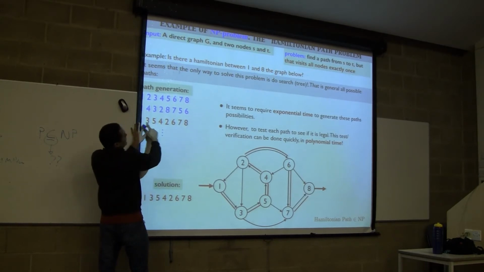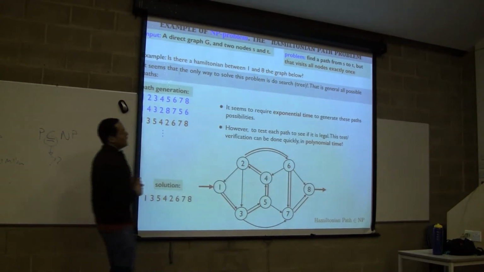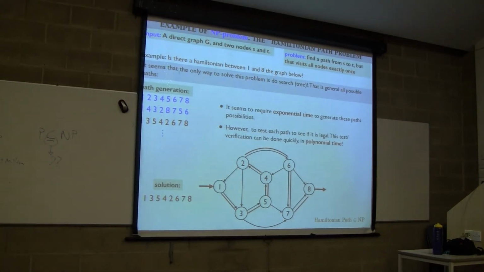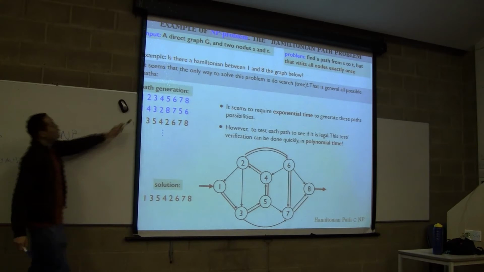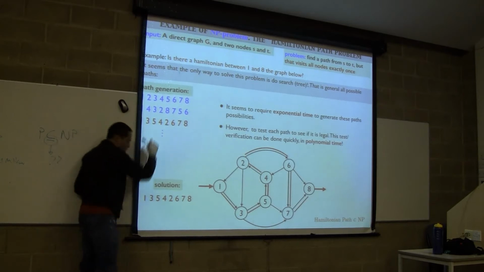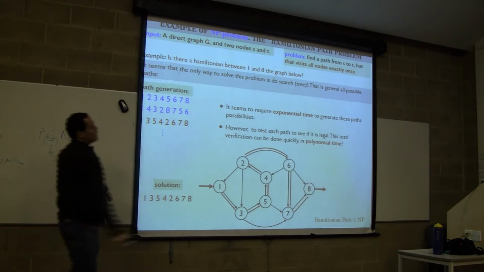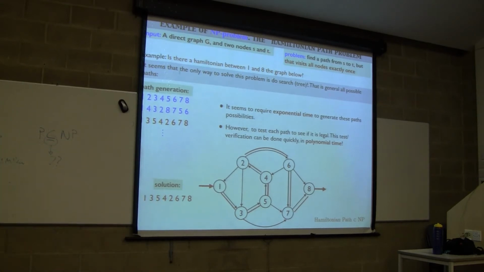As in this case, this forms a solution, and then you can see that indeed it is a Hamiltonian path. So again, a non-deterministic polynomial algorithm takes exponential time because the generation of all possibilities is huge. The space of search is huge. But once you get the solution, it takes polynomial time to verify that indeed it forms a particular solution.